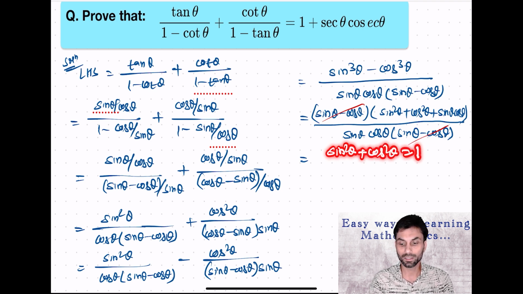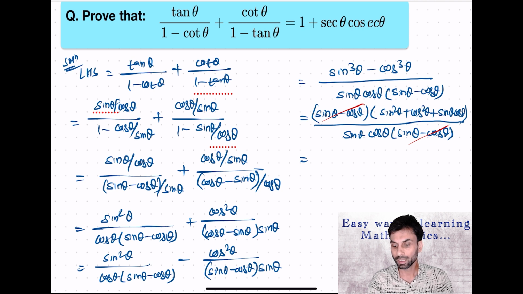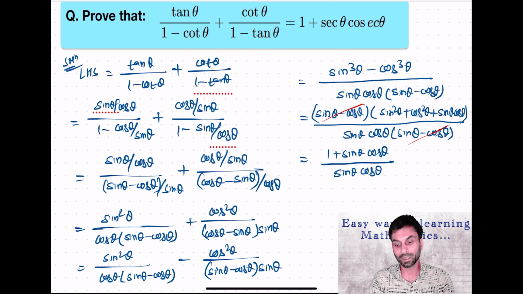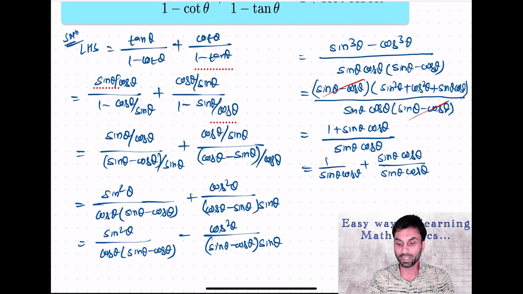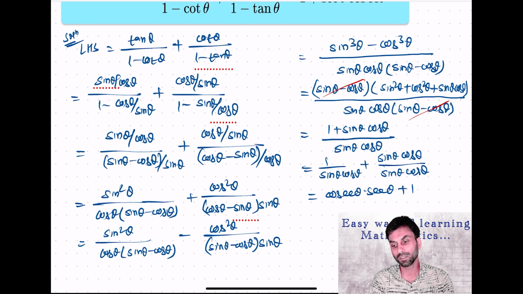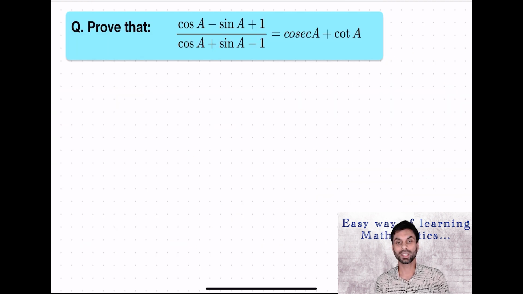So we can write it as 1 plus sine theta cos theta divided by sine theta into cos theta, which can be written as 1 upon sine theta cos theta plus sine theta cos theta upon sine theta into cos theta, which can be written as cosec theta into sec theta plus 1, which is our RHS. Let's move to the next question.